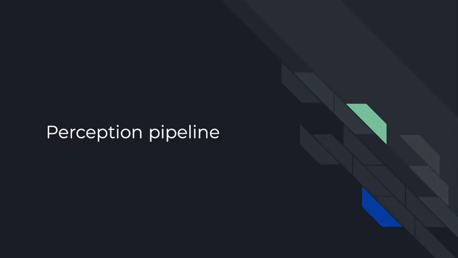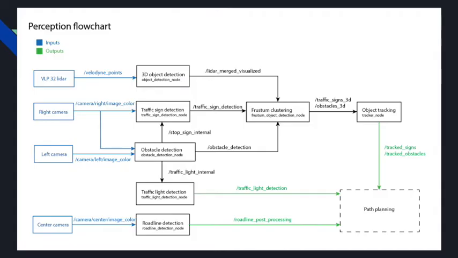First I'll talk about our entire perception pipeline. Here you can see the picture. For inputs, we have one LiDAR and three cameras. The LiDAR is used for object detection, while the right and left cameras are used for traffic sign and object detection, and also traffic light detection.